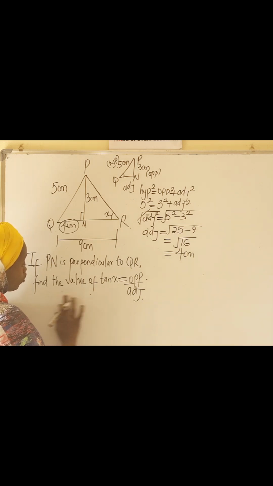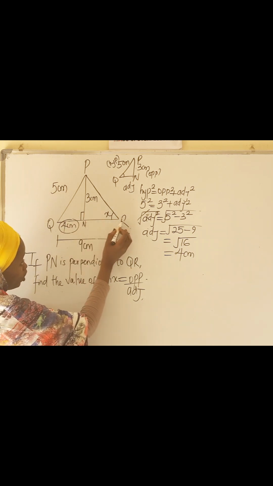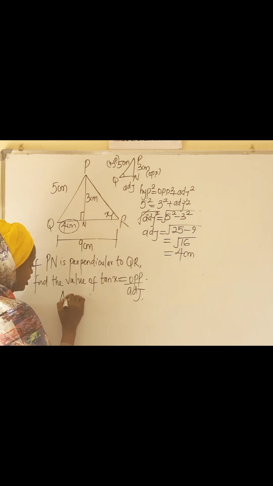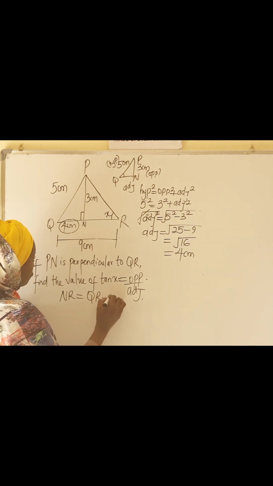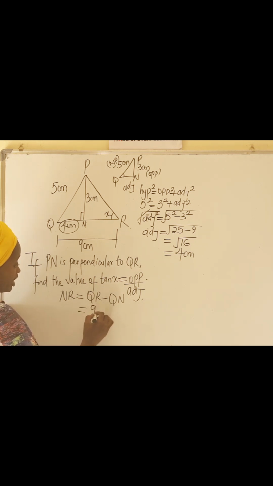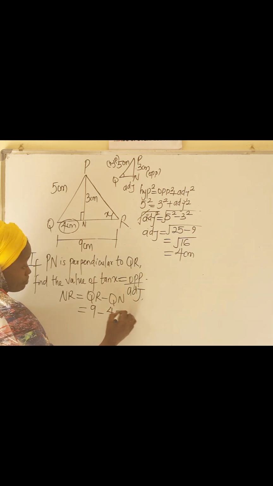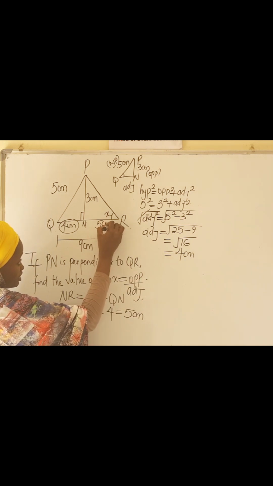We don't know the value for NR. Line NR will be equal to the whole line, QR, minus QN. So NR is QR, which is given as 9, minus the QN we've gotten, which is 4. So 9 minus 4 gives us 5 centimeters.